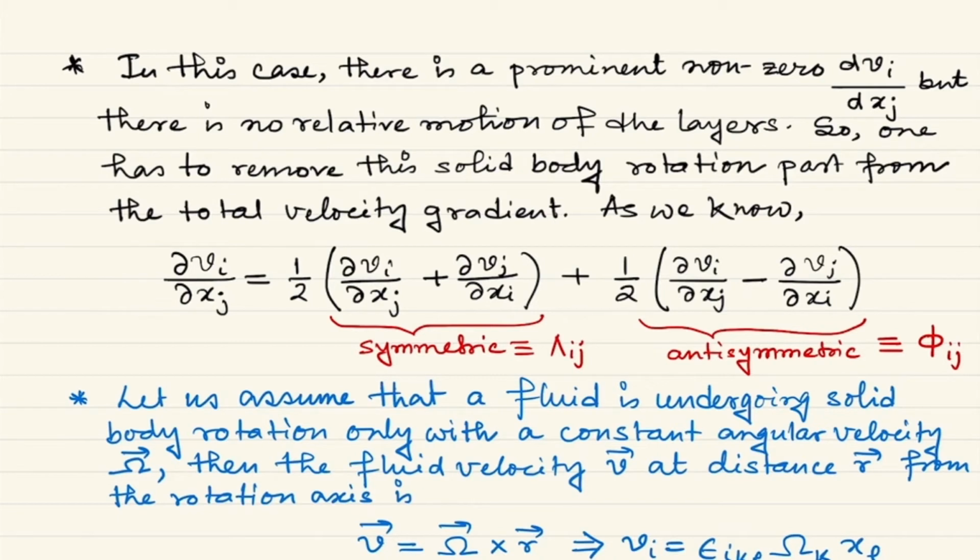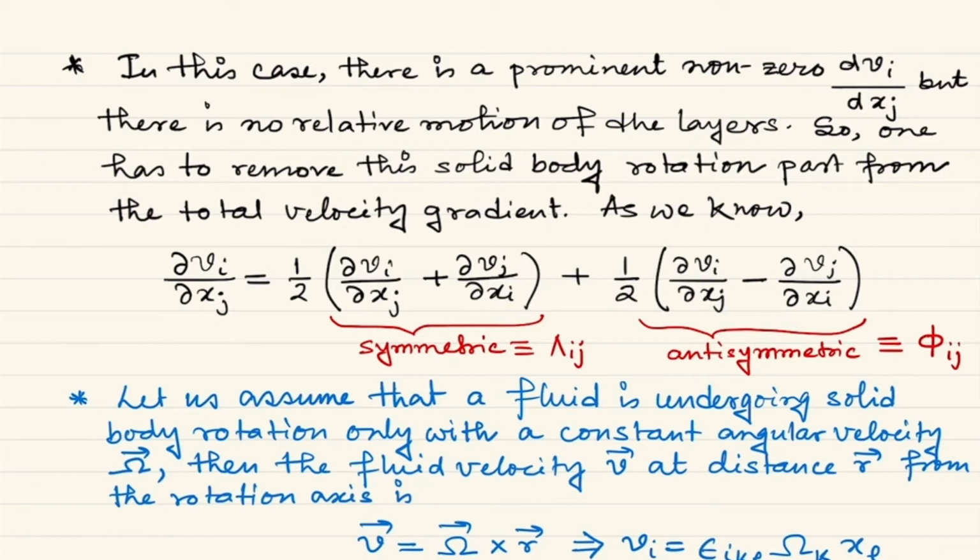But finally, since the system is rotating in such a way that some global rotation is followed by every point of the system, there is no need for a viscous response. So that's what I'm saying, that there is no relative motion of the layers. Of course, here we are just thinking that the whole system is only following a global rotation.